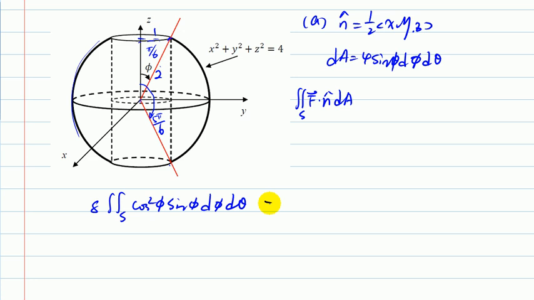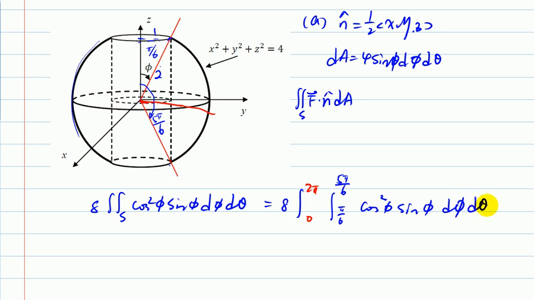So your phi angle goes from pi over 6 to 5 pi over 6. The theta angle is determined by drawing a radiating line across the shadow of the surface in the xy plane, going around from 0 to 2 pi. Those are the limits for theta.